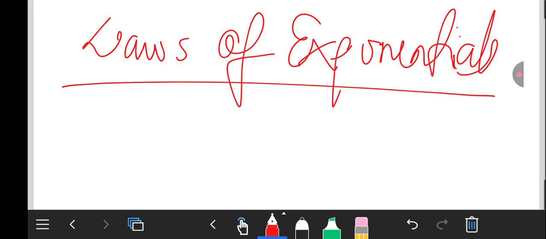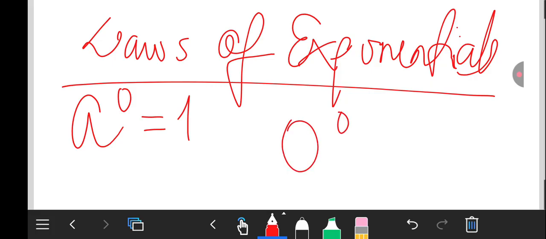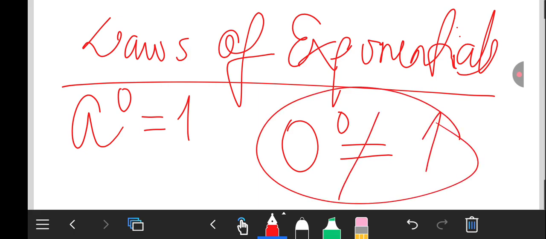So the first one is for a zero power. If you have a to the power 0, that is simply 1. Any number to the power 0, except 0 itself, because you can't say 0 to the power 0 is equivalent to 1. No, this is not equivalent. So this is not part of the condition.